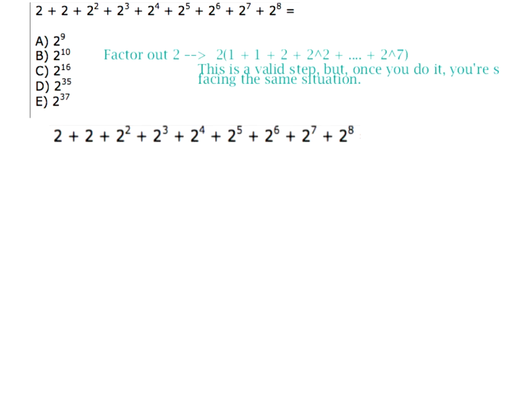Which, in the case of something like this, you can just explore it and kind of see what it does. The GMAT really doesn't like busy work. None of these problems really require tons and tons of labor.